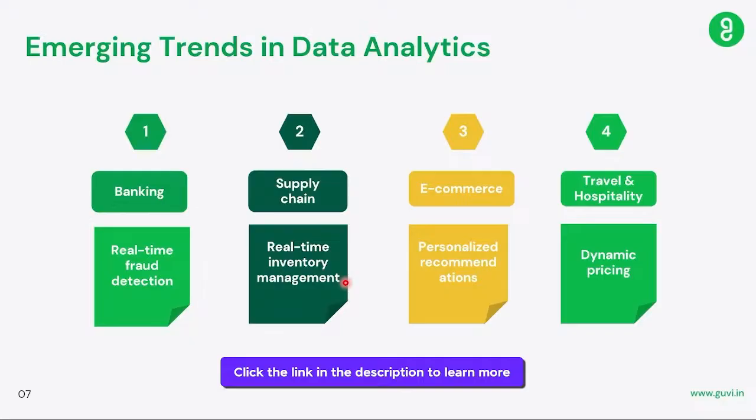The most important thing is optimizing warehouse operations. By analyzing real-time data from sensors and IoT devices, they can ensure efficient inventory management and minimize stockouts or overstock situations.